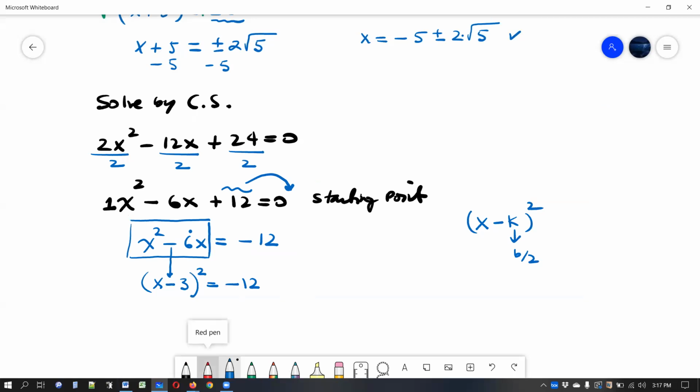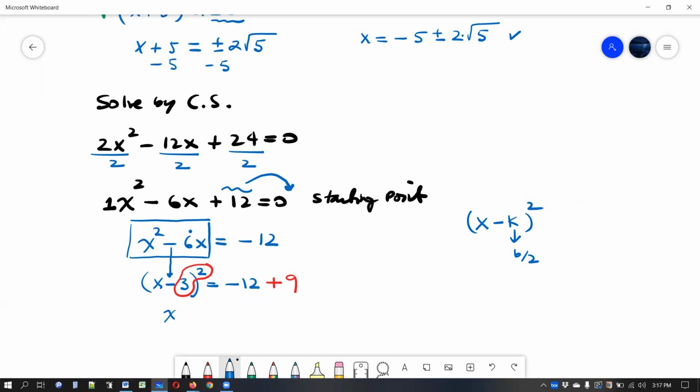After this, I have to adjust. The adjustment is always plus, regardless of what this sign is. And the adjustment is this number squared. Doesn't matter minus or positive, squared, it's always positive. So 3 squared is 9. That is my adjustment.